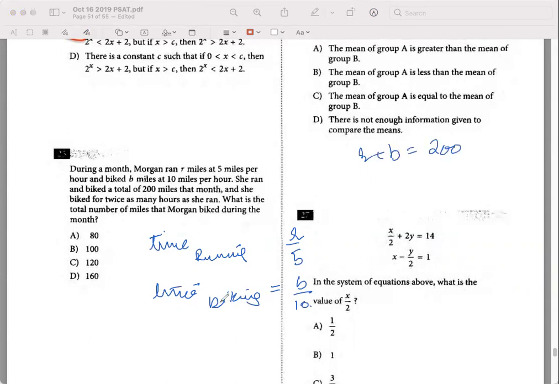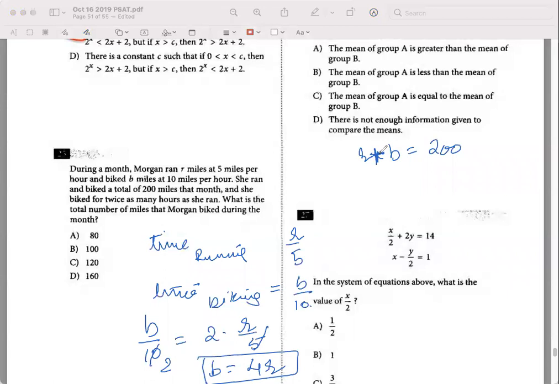And she biked for twice as many hours as she ran. So B by 10 is twice R by 5, because the biking time was twice the running time. So 5 into 2, 10. So B is 4R. Okay, so B is 4R. That's one equation. And R plus B is 200.